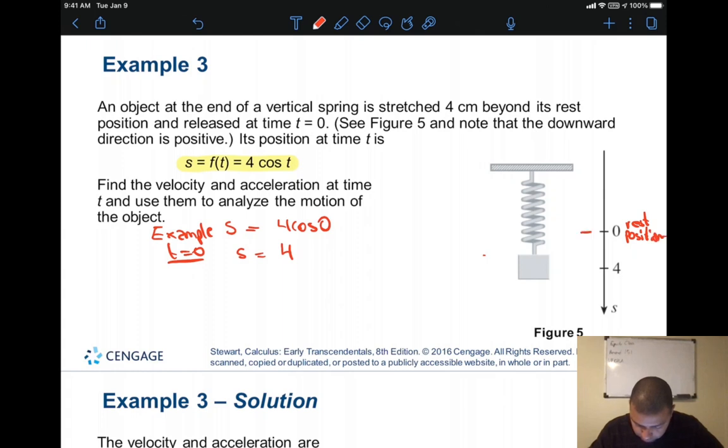So this guy's 4. And when they give me negative height, that means the box is on the other side of the rest position. So this will be like a negative s. It's an example of negative s.